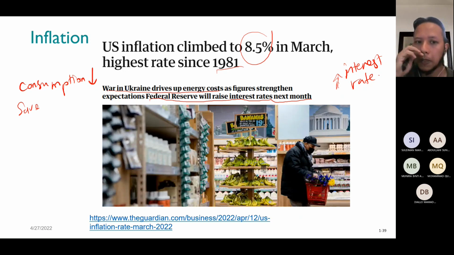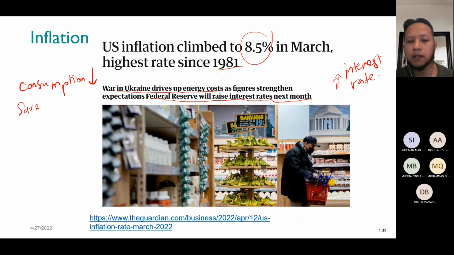When interest rate increases, it will also pull money out of the economy, because money circulating in the economy causes inflation.